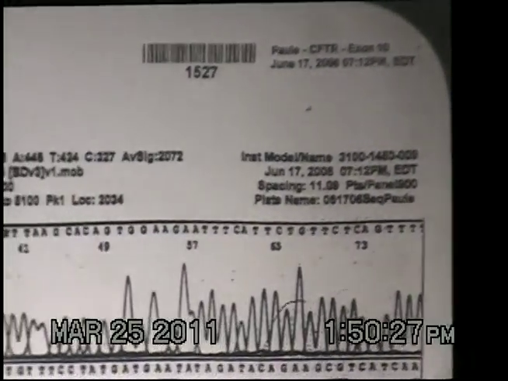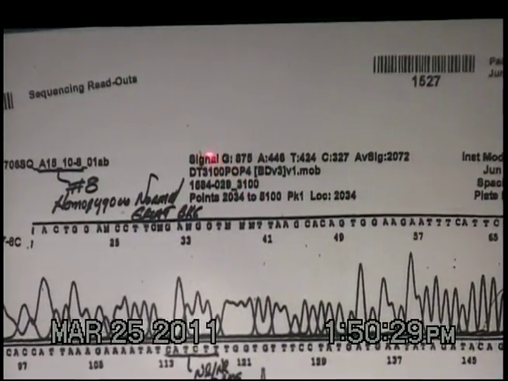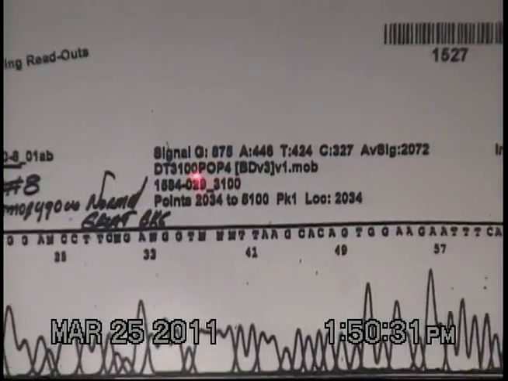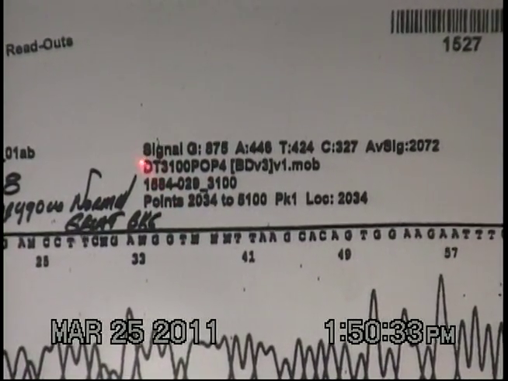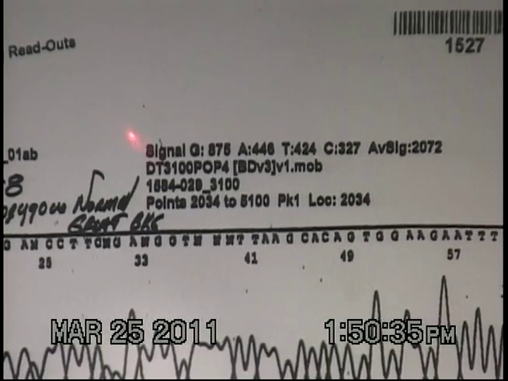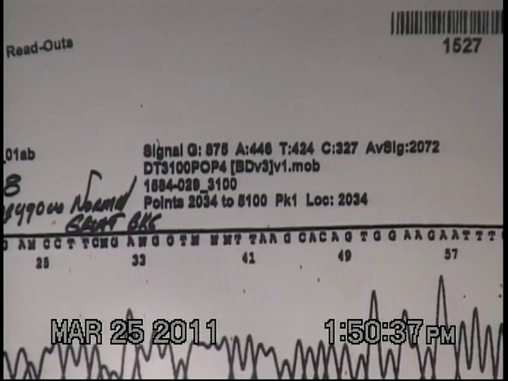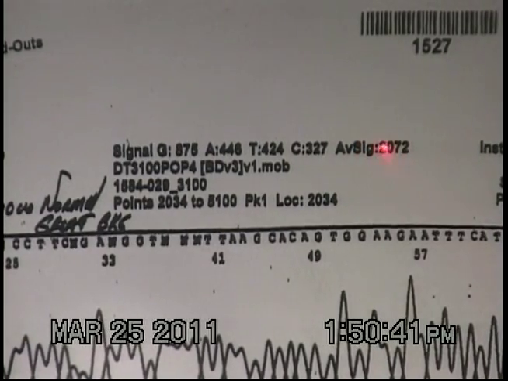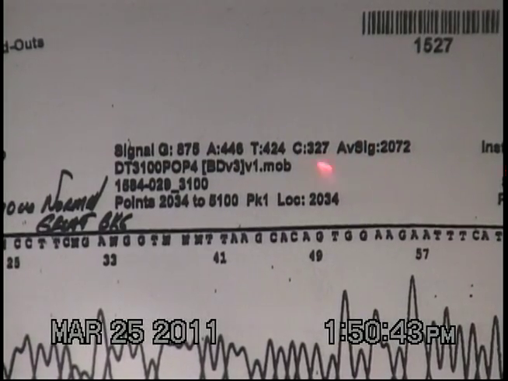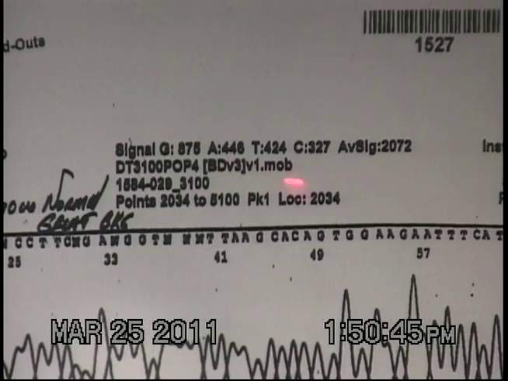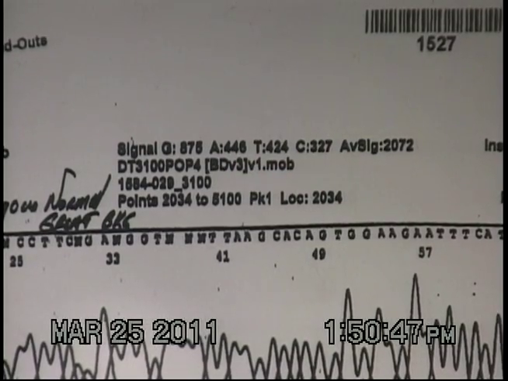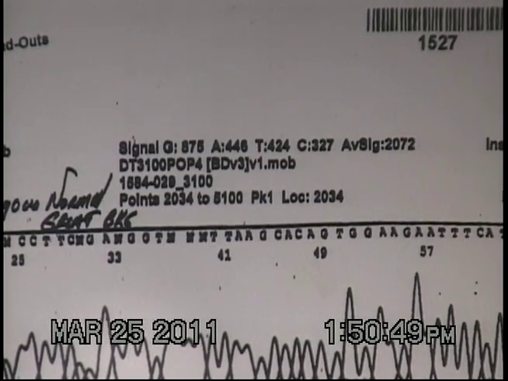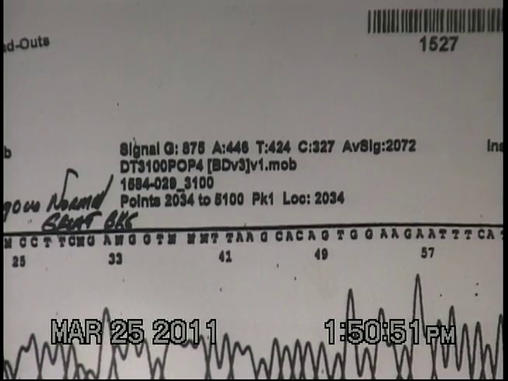You can see on the signal information, we've got G875, A446, T424, C327, and then it says average signal 2072, which I think you'll agree can't be the case because of these other numbers. Agreed? Assuming that's what that number's supposed to be, that's correct.